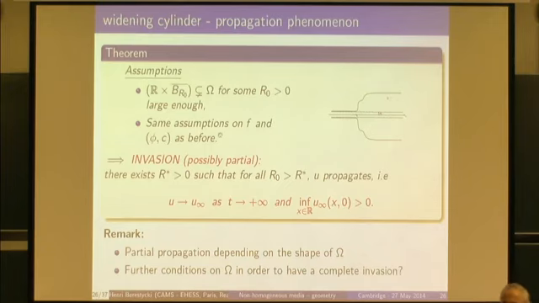So what do I mean by not blocked? I mean that u goes to u infinity when t goes to infinity, but u infinity will be bounded away from 0, at least in this inner cylinder. So think of the axis. If you look on the axis, u infinity of x and 0 will be bounded away from 0 all the way to here.